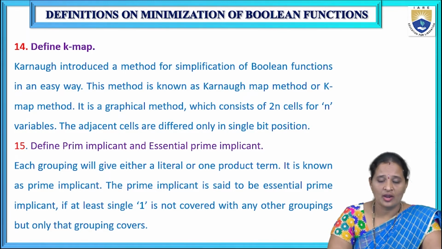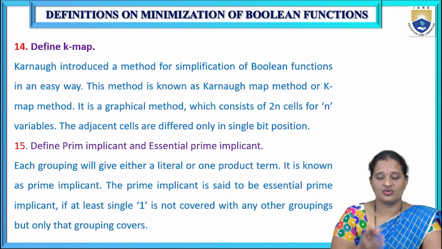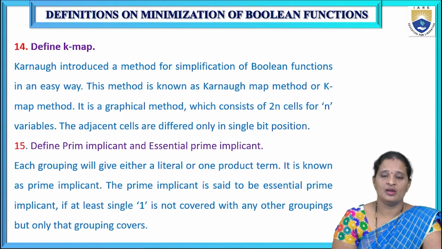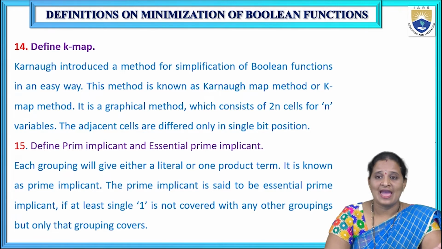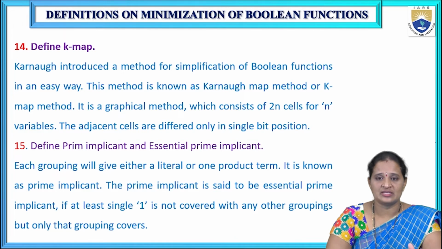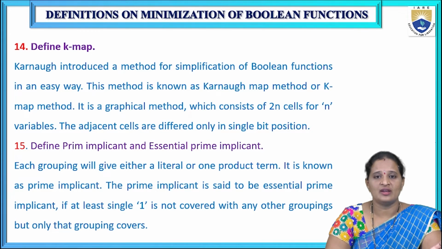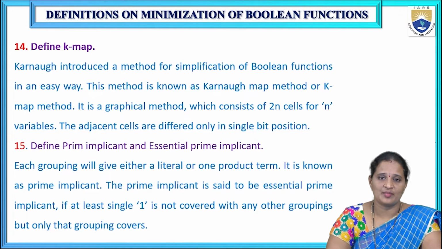Once we have drawn the K-map, we group the adjacent cells, and for each group the product or sum term is developed, and such product or sum terms are called prime implicants. And what do you mean by essential prime implicant? Essential prime implicants are the prime implicants which are the only ones that can cover a particular min term or max term.